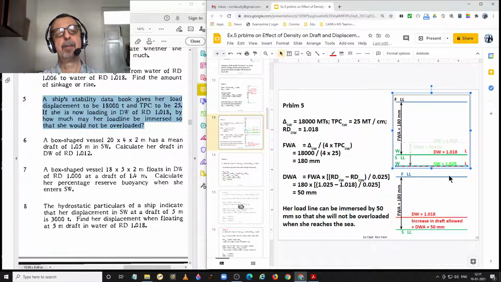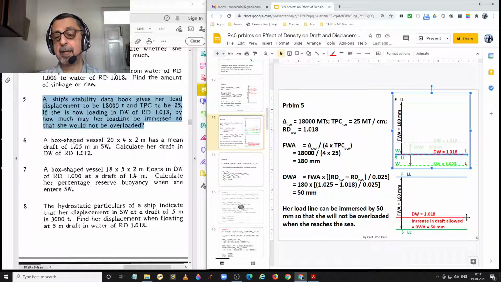And when we apply that, we see that we can actually load her until this point, so that when she goes out into the sea and will be floating in salt water of RD 1.025, her waterline will automatically come and settle at the top of the summer load line, which is shown to you in the drawing at the bottom.